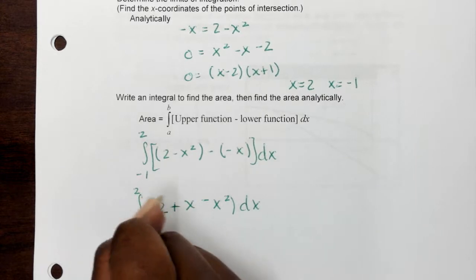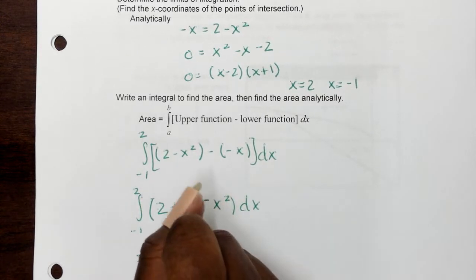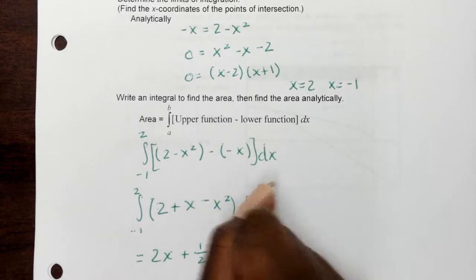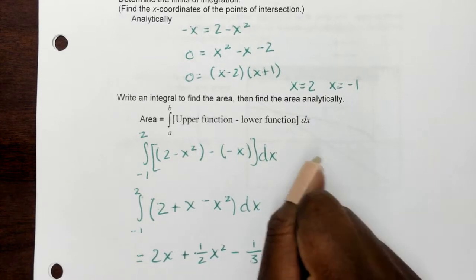And when I integrate that, I get 2x plus 1/2 x squared minus 1/3 x cubed, integrating from -1 to 2.